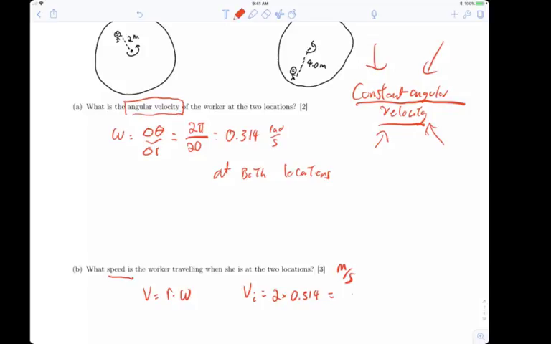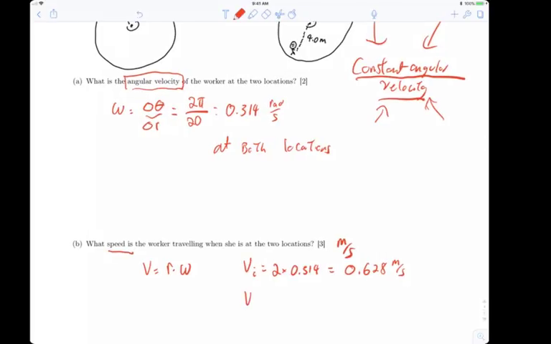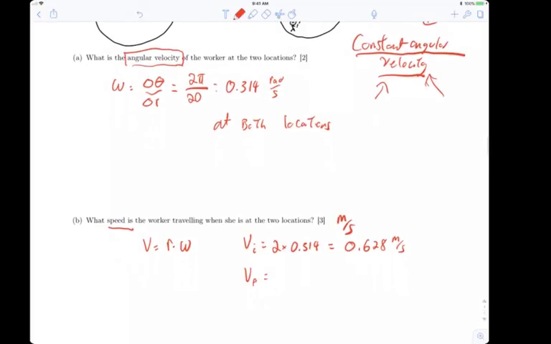So that's 0.628 meters per second. And the final velocity is, then you're at 4 meters. So that's 1.256 meters per second.